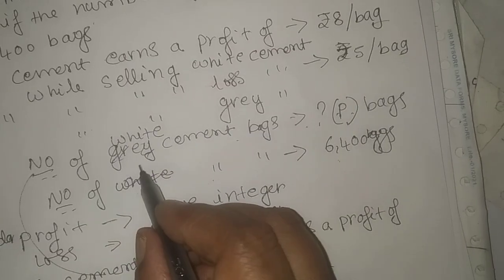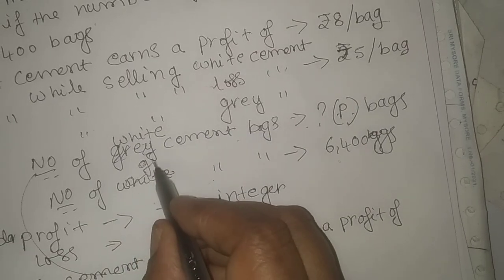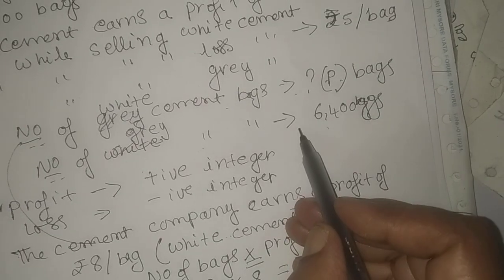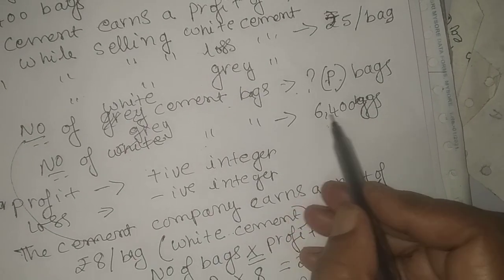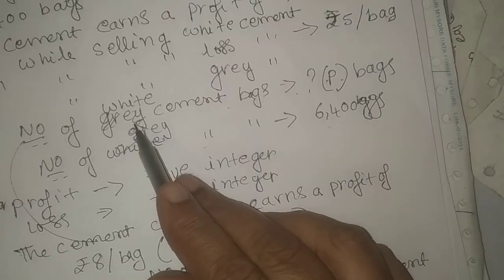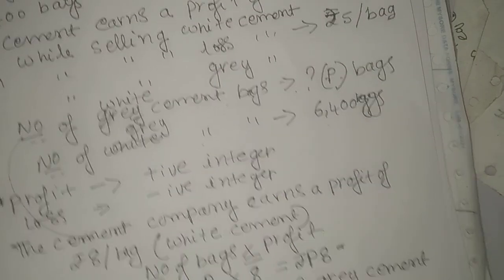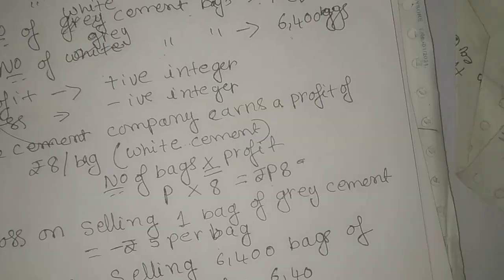This is grey cement. Confusing is only grey and white. So they have given the number of grey cement bags as 6,400. I wrote it exchanged, that's all, nothing. Now we will continue.